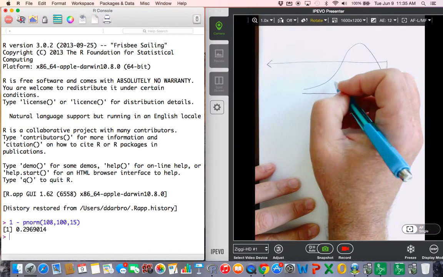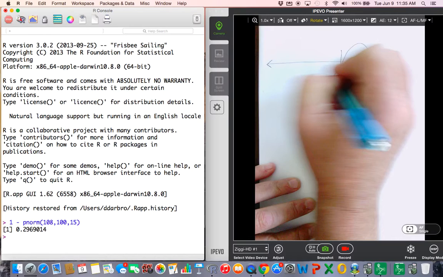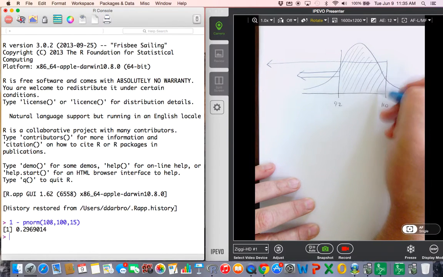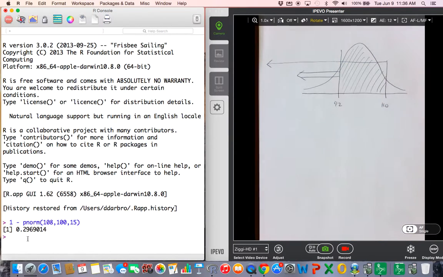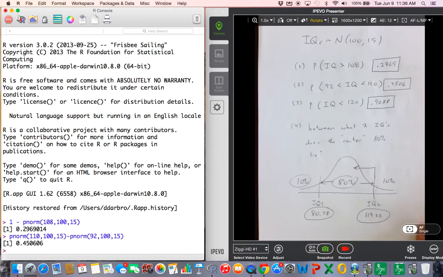And then I've got to come in and subtract 92, subtract this part out to leave me the part in the center. So to be able to pull this off, I'm going to have to go p-norm, the bigger number, minus the p-norm, the smaller number. Was 92, right? Yeah. And guys, that'll give me my answer just exactly like what we got before.